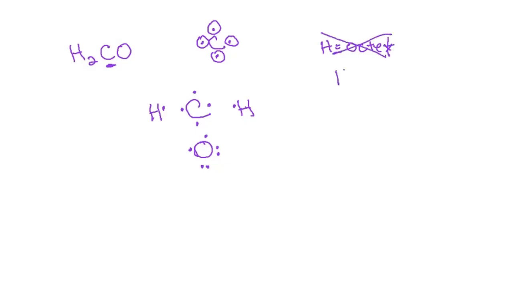Hydrogen only wants 2 valence electrons in its shell because it's so small. So that's a duet rule. So hydrogen only wants 2 electrons around it, as opposed to everything else. Everything else wants 8 electrons around it. So with hydrogen, all we have to do is connect the dots right here, and we have our bond.